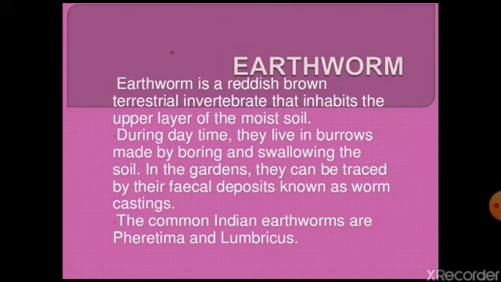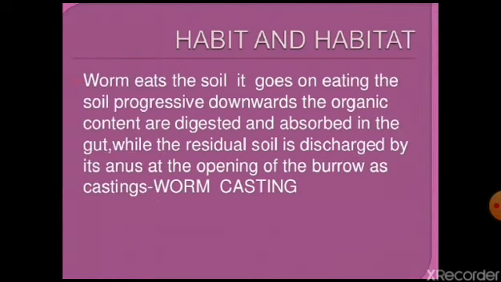There are many species of earthworms, but the most common Indian earthworms are Pheretima and Lumbricus. As we have already discussed, their habitat is moist soil.